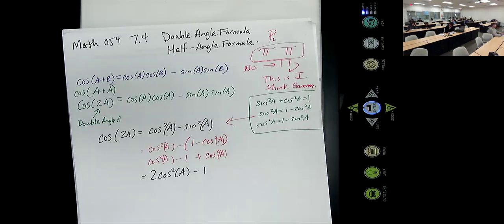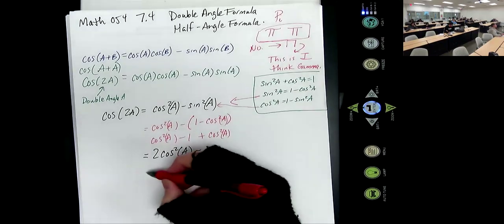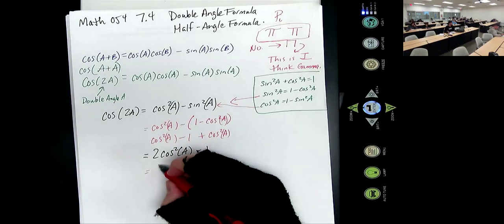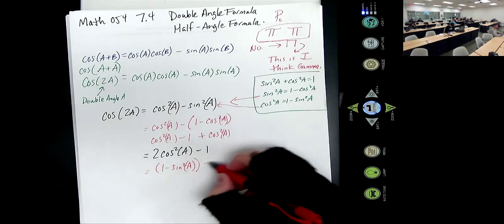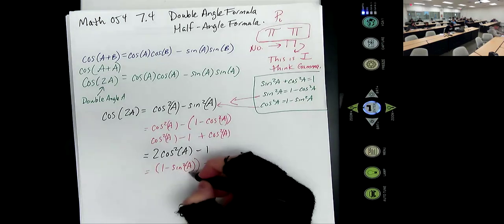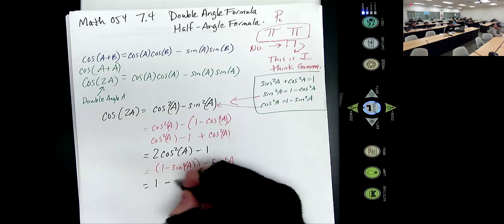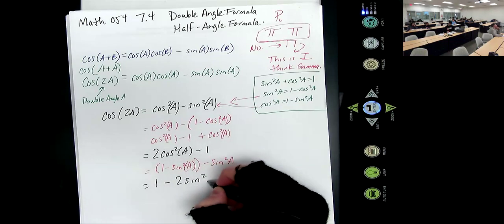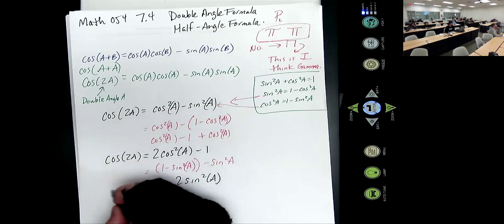And the one that's probably used the most is if we plug in cosine squared A, replace it with 1 minus sine squared A. Then I have minus sine squared A. I don't even need the parentheses here, I've got minus sine squared and minus another sine squared. I have minus 2 sine squared A. All of these are cosine 2A.